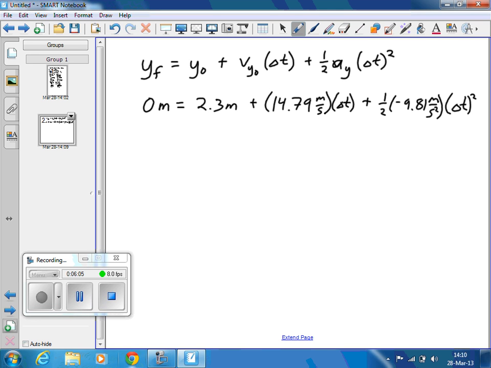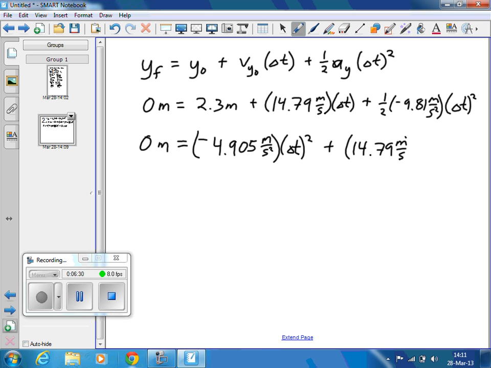I will rearrange this equation to set it up to do a quadratic formula on it. Once again, I'm simplifying that lead term. We want to get this into a form where the lead term is the t squared term, the second term is the t term, and the last term is what's called the constant term, meaning it doesn't depend on t.